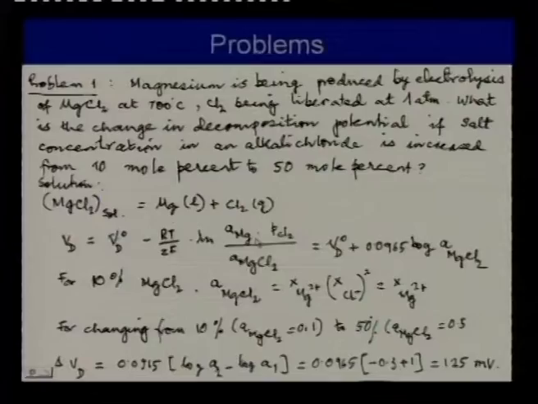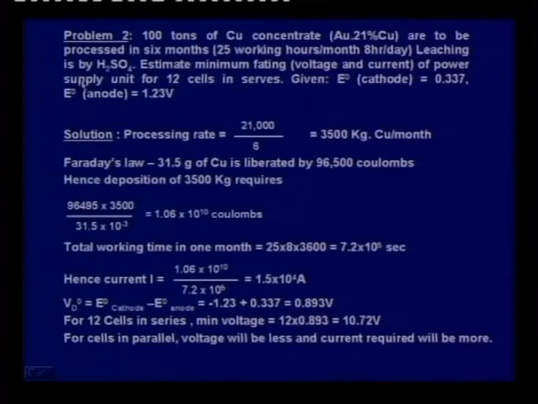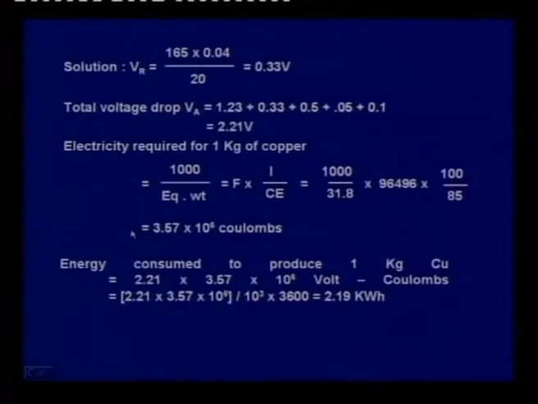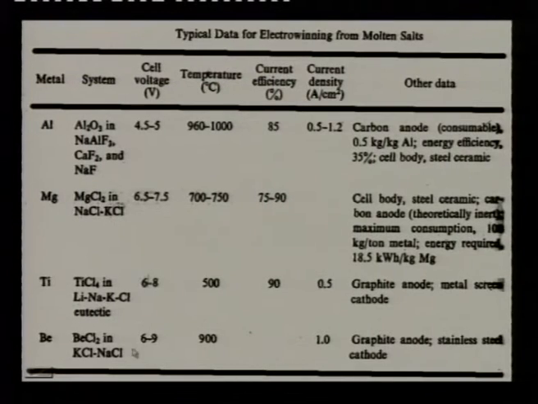I have shown a figure of that. Before that, I have given one or two simple problems, one for fused salt electrolysis, one for aqueous electrolysis. I have given some data for electrowinning from molten salts. The cell voltages in this case would be slightly higher, because you are dealing with more stable salts.